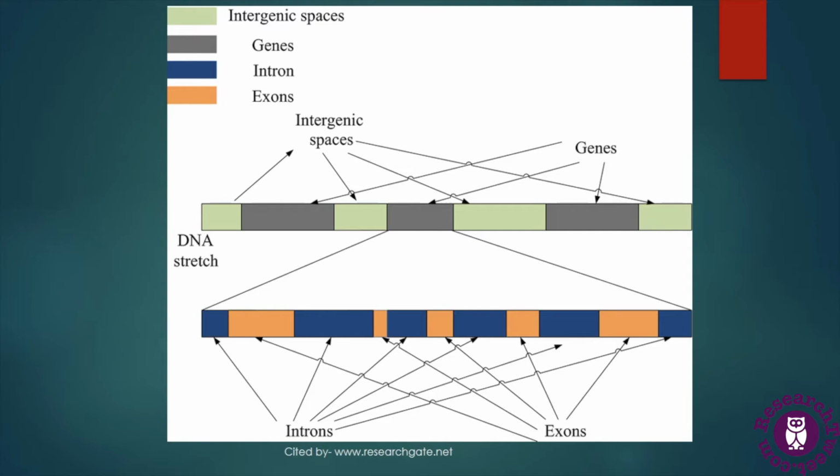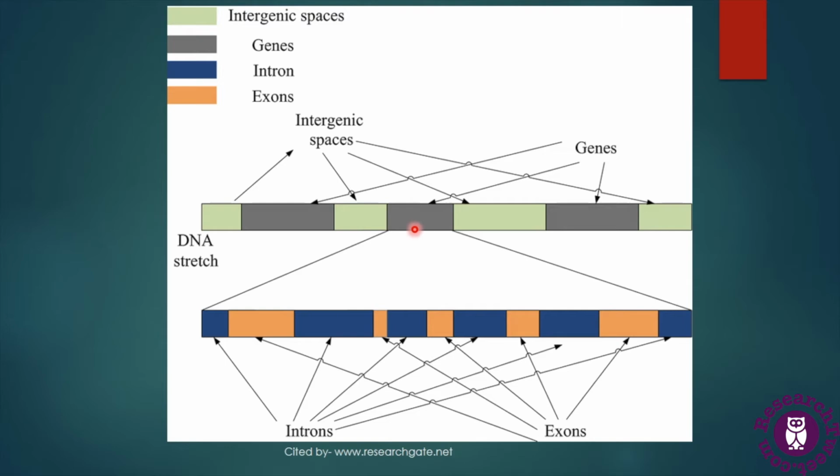Here in this diagrammatic presentation, we can see the location of exons or coding sequences of DNA. This is the DNA stretch having intragenic spaces between the core elements, and the genes lie in between these intragenic spaces.